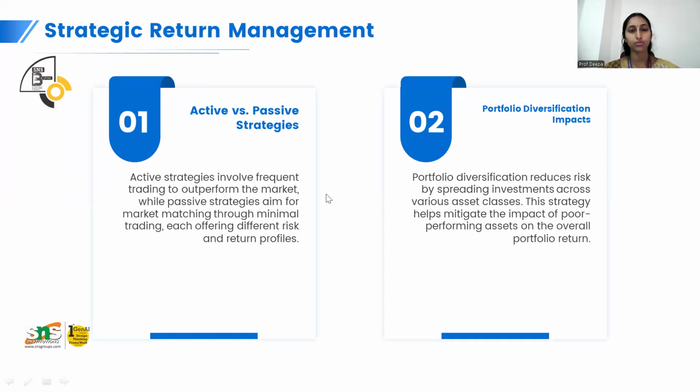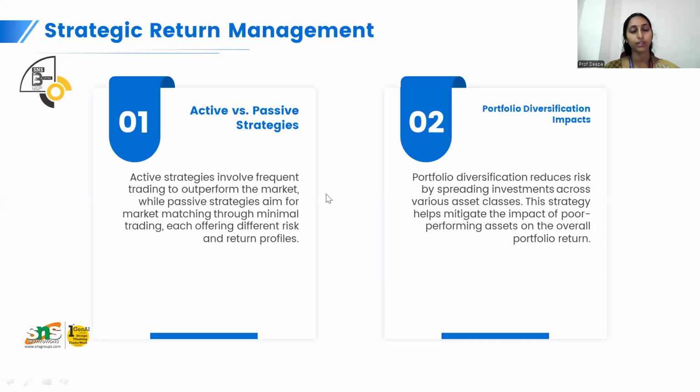Again, there are two things: active versus passive strategies, and portfolio diversification impacts. Active involves frequent trading to outperform the market. Passive aims at matching the market through minimal trading.